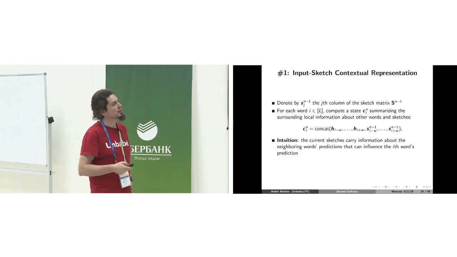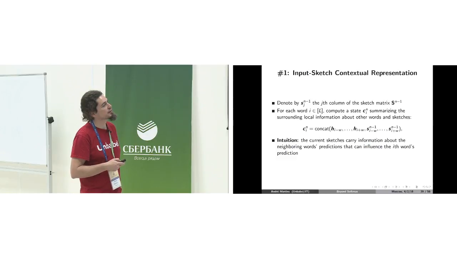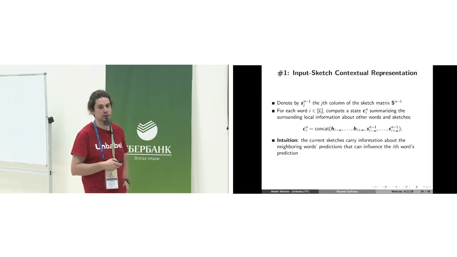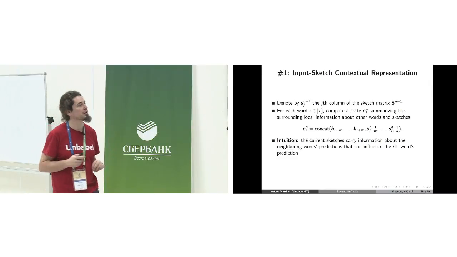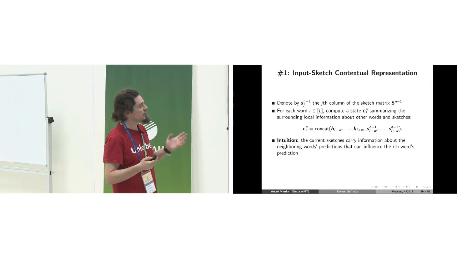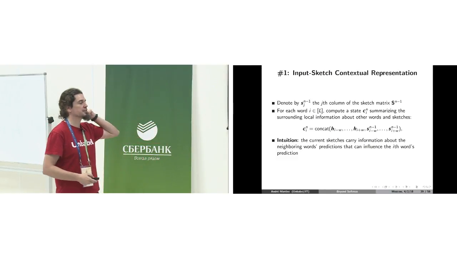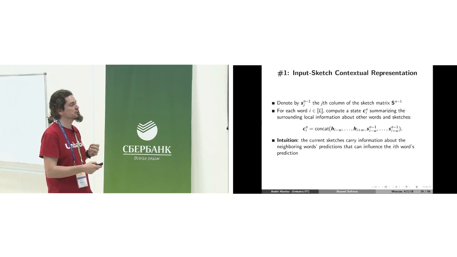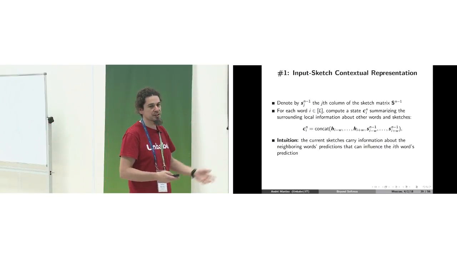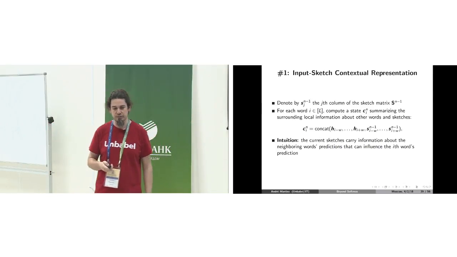This is done by concatenating all the states that come out of the BiLSTM, which is input information, and also concatenating all the sketches for the neighboring words, which is output information. The main intuition is that current sketches carry information about the neighboring words' predictions, and we can use that for predicting the next word.